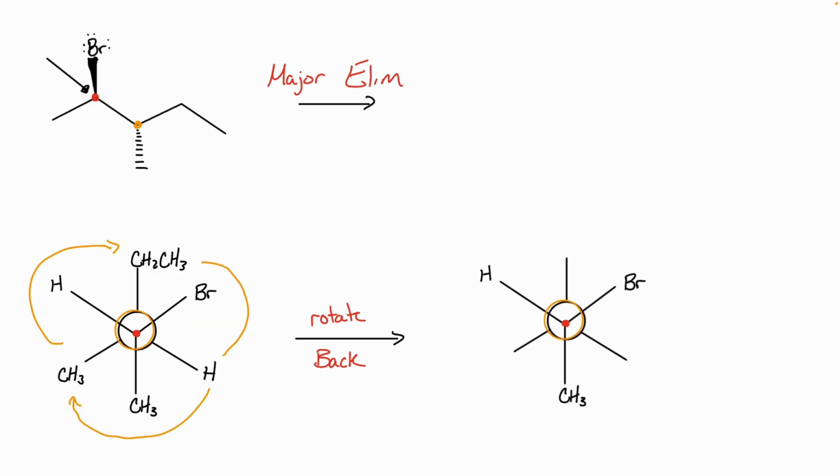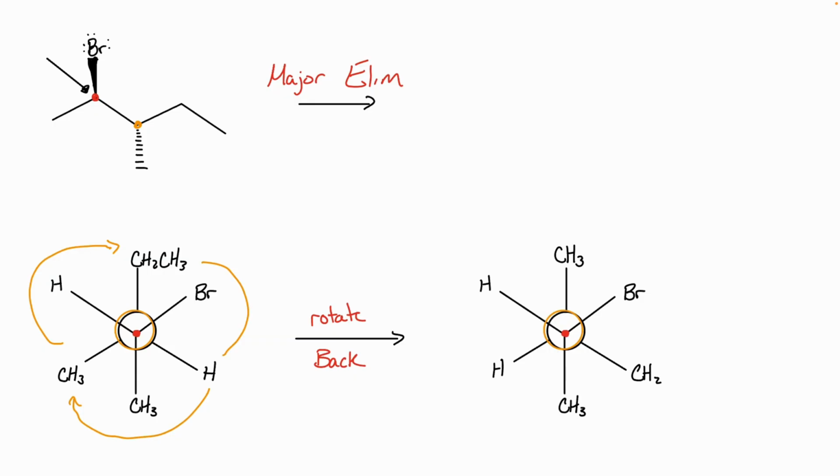I'm going to keep everything on that front carbon the same, but now I'm going to rotate so my hydrogen's over here, my methyl group up here, and my ethyl group down here.